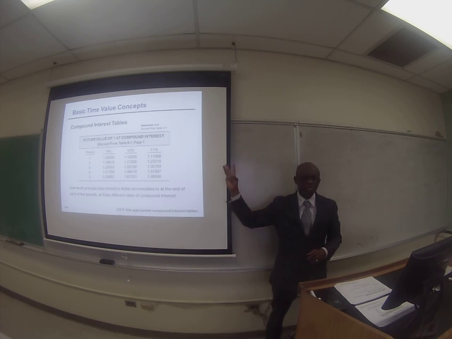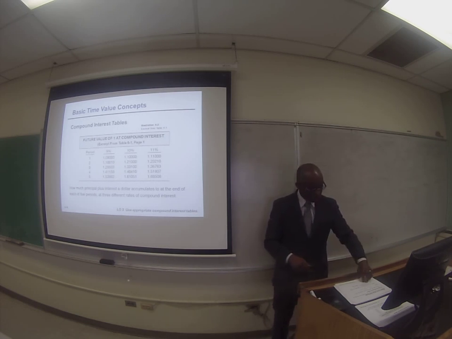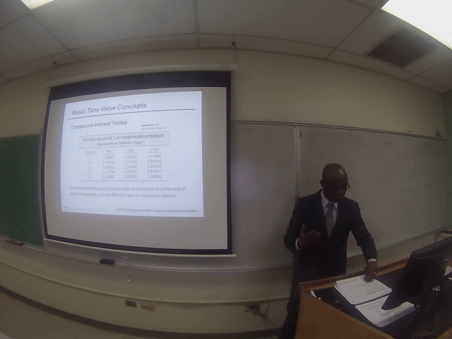And of course, we have 3 different interest rates here, 9%, 10%, 11%. So this table helps us to determine the factor that we are going to use to determine how much principal plus interest accumulates, compounded at the end of each of the 5 periods.